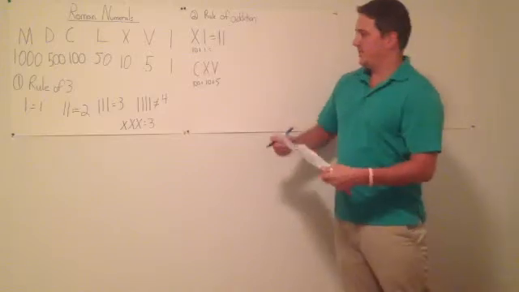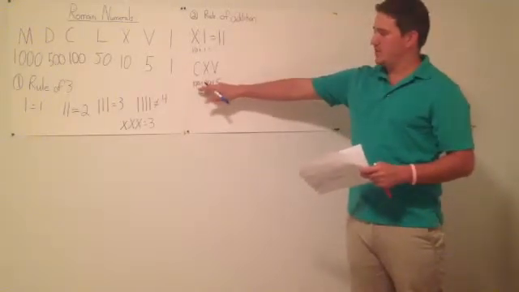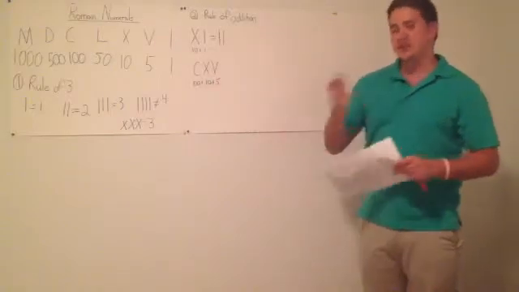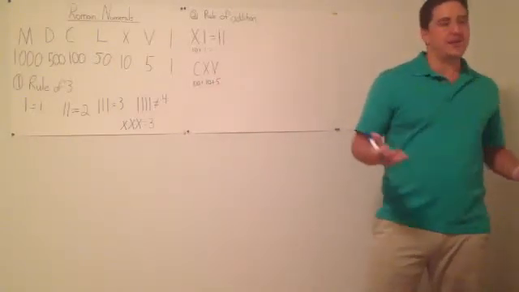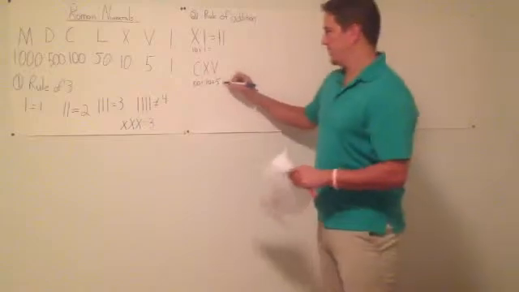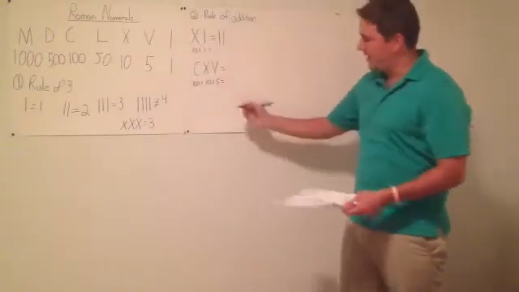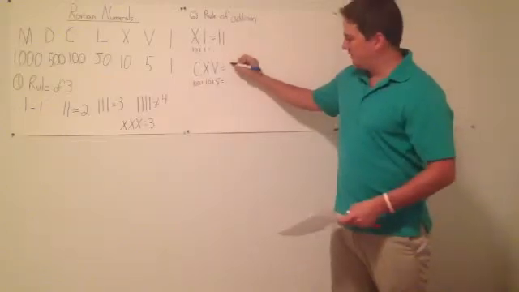As you can see, the 100 is greater than or equal to the 10, which is greater than or equal to the 5. So again, you would use the same addition rule. So the 100 plus 10 plus 5 equals 115.